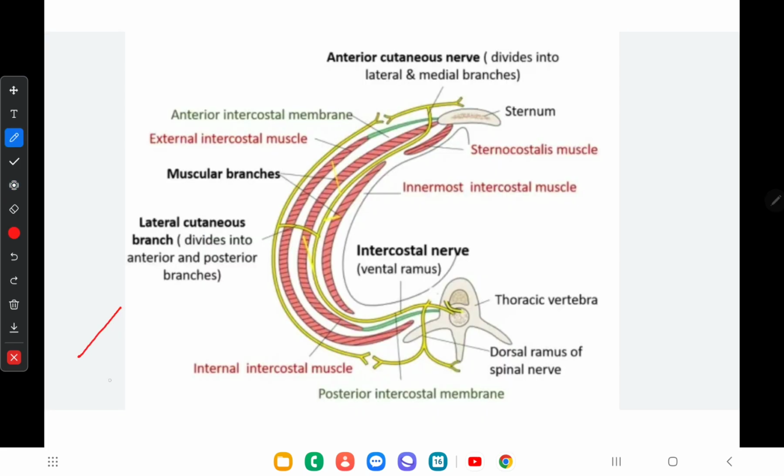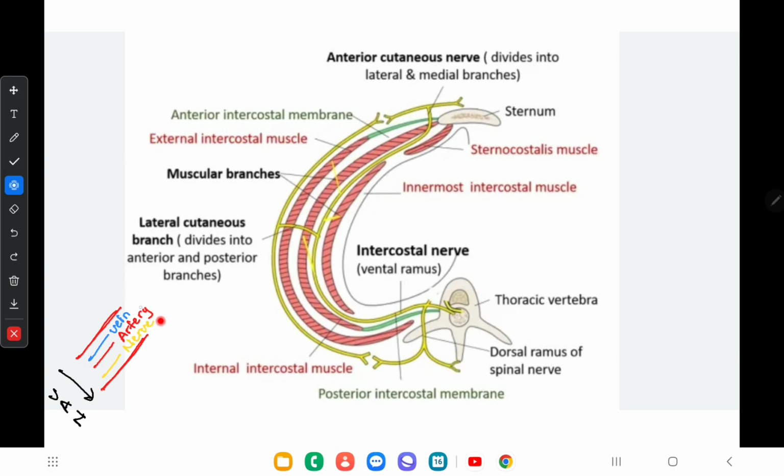Imagine this is the costal groove or subcostal groove. Then from above downwards, in the subcostal groove, the intercostal vein, intercostal artery and intercostal nerve lie like this.